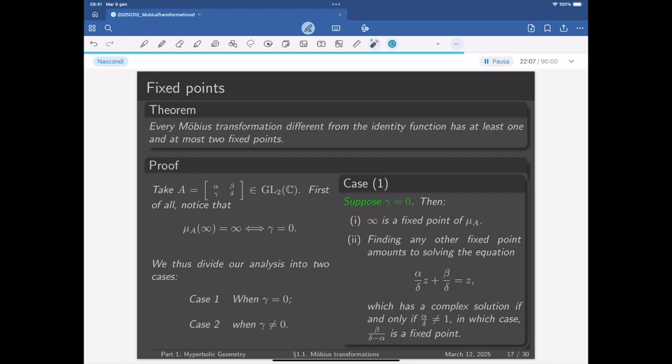The first thing we notice is that we said mu a of infinity is a divided by c. And then we said division of a non-zero complex number by 0 is infinity. So this is infinity if c is 0. Sorry, not c, gamma.